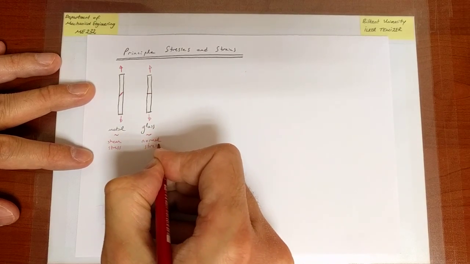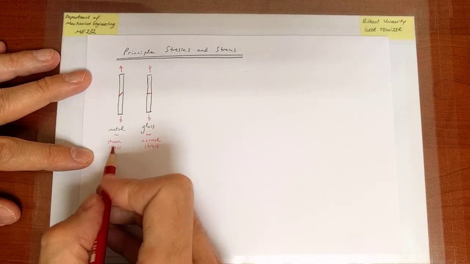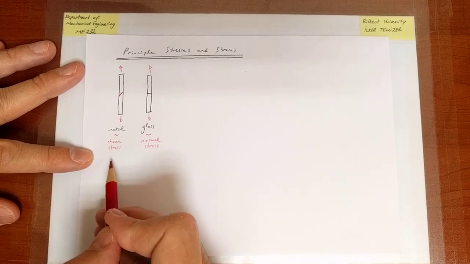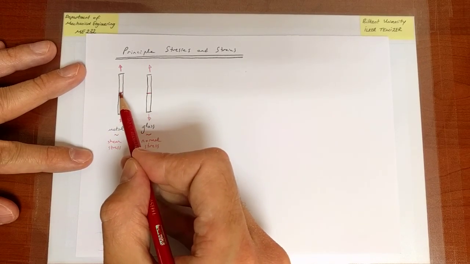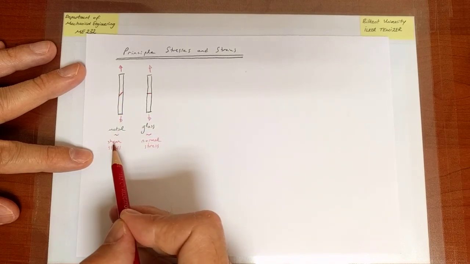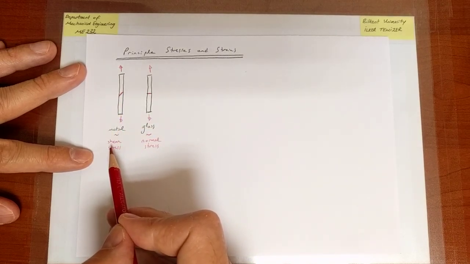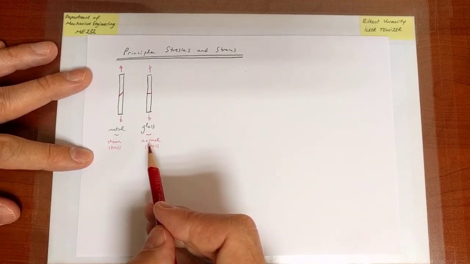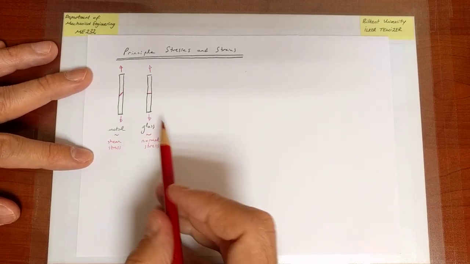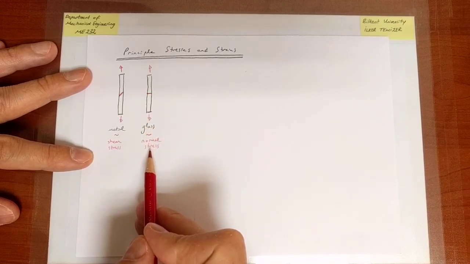In other words, the metal is going to start to yield and eventually break on surfaces on which very large shear stresses occur, not necessarily very large normal, but very large shear stresses, whereas glass is going to start to break apart on surfaces on which very large normal stresses occur.